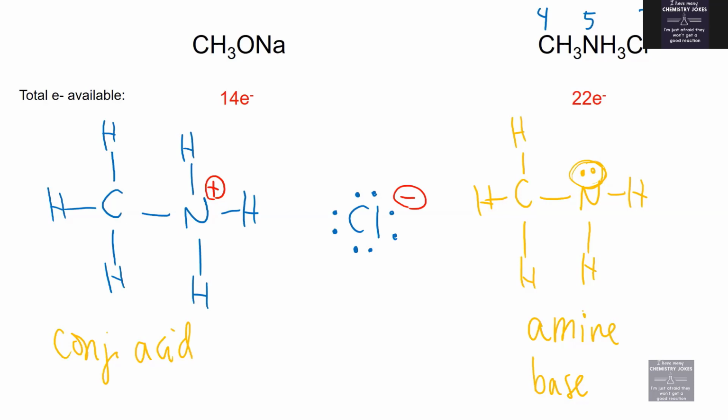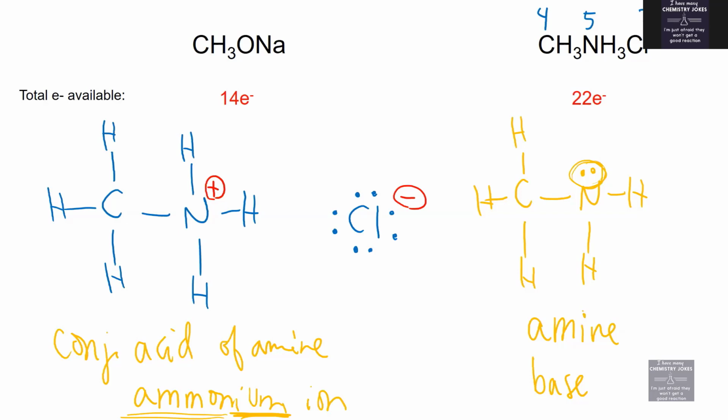So the conjugate acid of an amine is sometimes referred to as its own functional group and sometimes referred to as the conjugate acid of an amine. But if you refer to it as its own functional group, you would call it an ammonium ion. That tells you it's going to have a positive charge, and it's an ammonia-looking thing, an amine-looking thing, that has that positive charge.